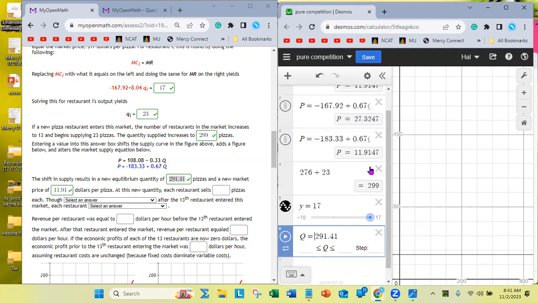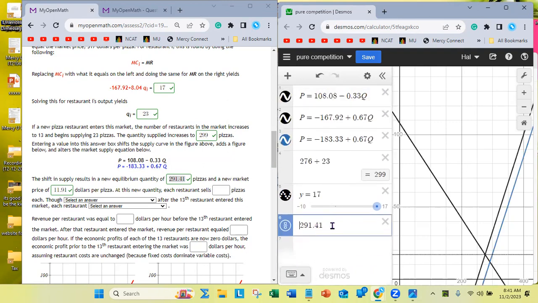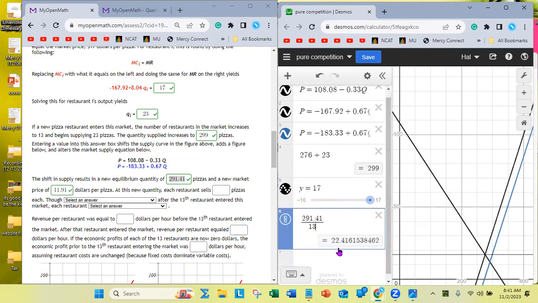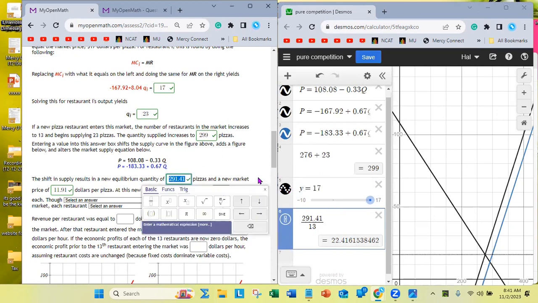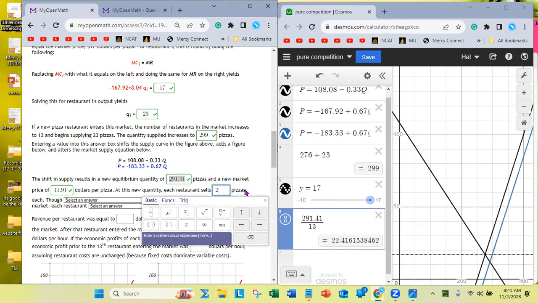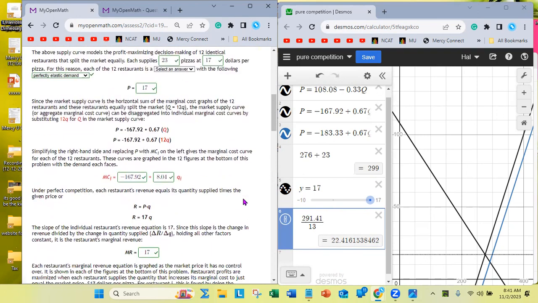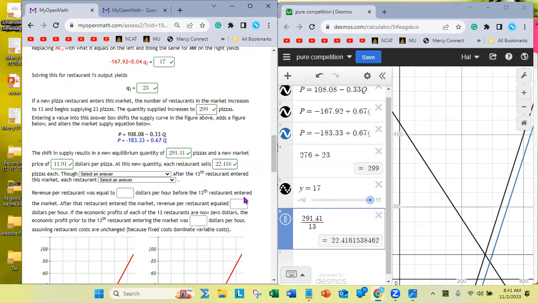So we got that right. All right, so I'm going to divide this by the 13 because there are 13 restaurants. So each restaurant supplies 22.416 on average per hour. At 13 restaurants now, each supplies 22.416 pizzas per hour on average.